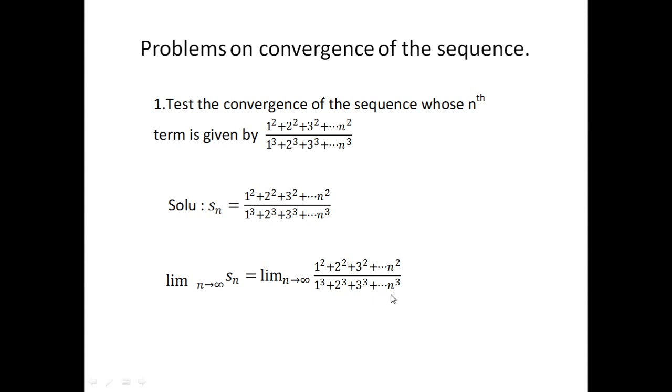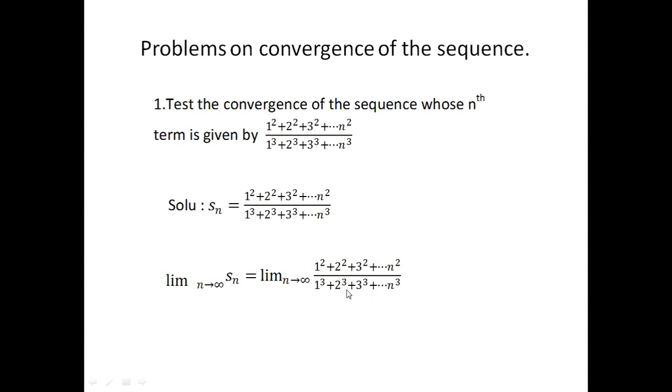To remove this indeterminate form, first of all, find the sum in the numerator and the denominator. The numerator is the sum of squares of the first n natural numbers, and the denominator is the sum of cubes of the first n natural numbers.